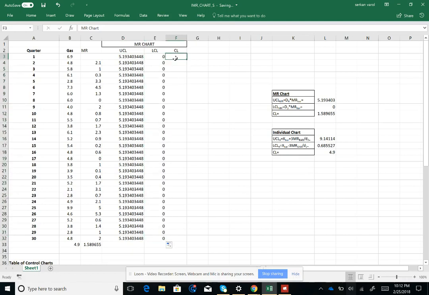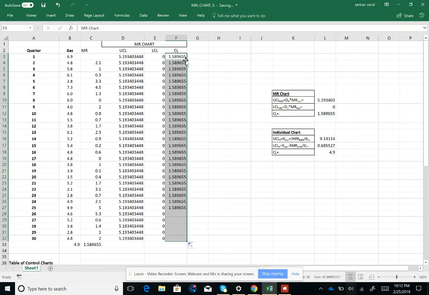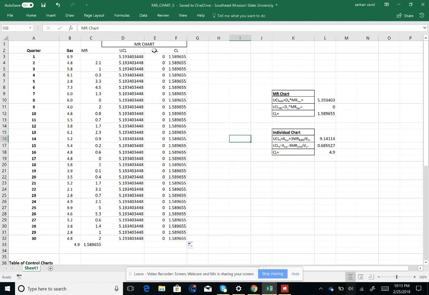For central limit, it's cell L12. Let me lock it. Okay. So these values are for the MR chart. Why do I transform all these numbers into our columns? The reason is that we will be making one by one comparison, and I'm sure that there's a way to take those values one by one and put it on our chart, but this is just easier.